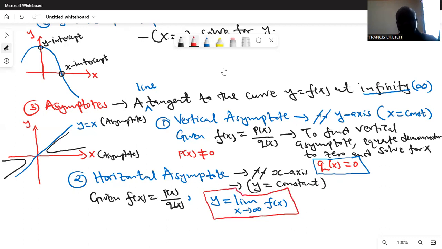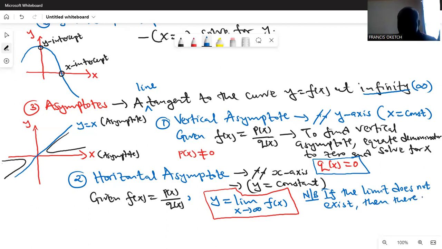And what you need to take note of here, we can write a note, that if the limit does not exist, then there is no horizontal asymptote.